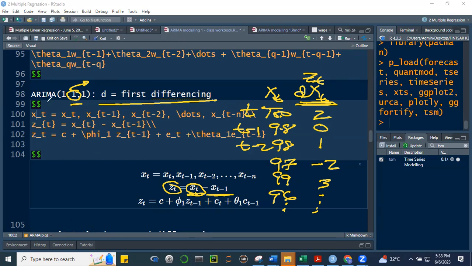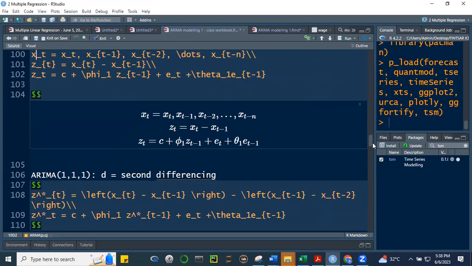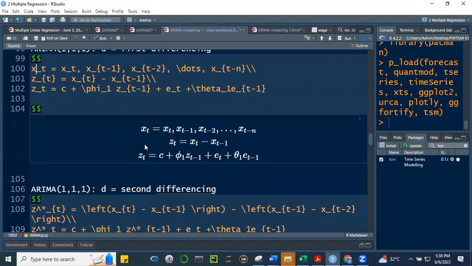Therefore, an Arima 111 process will look like, ano na magiging Arima 111 natin? Clear ko muna. What will now be your Arima 111? So it will now be, class, okay, we're now modeling z sub t na, no? Yung difference series.